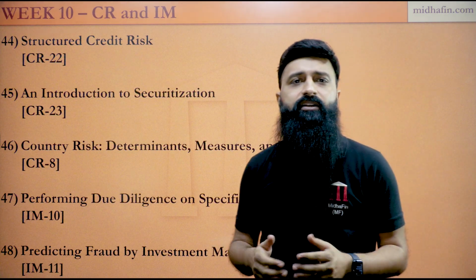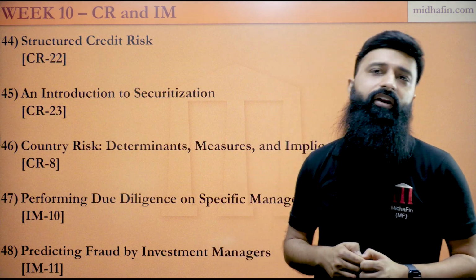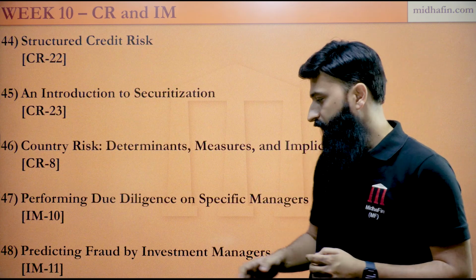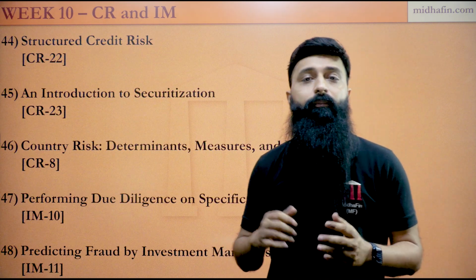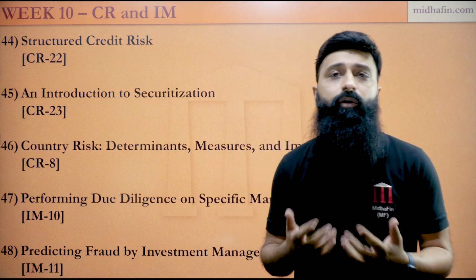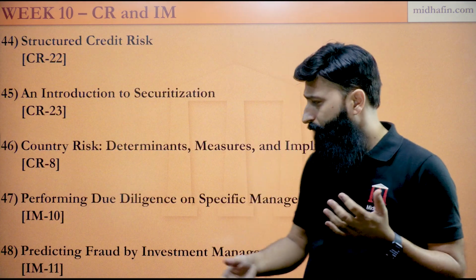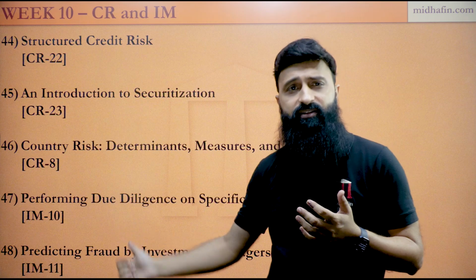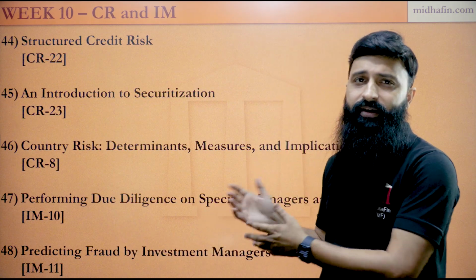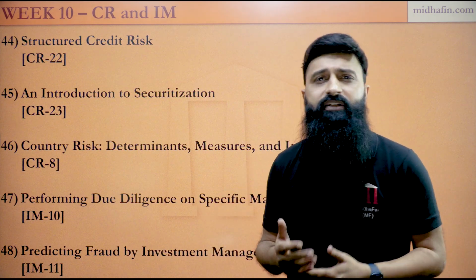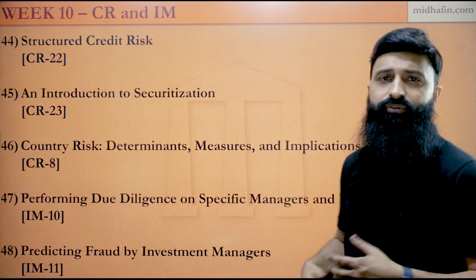So it discusses the use and efficacy of information disclosures in predicting fraud, barriers and cost of implementing fraud protection methods. And it will complement this due diligence part which you studied in the previous chapter by focusing on the identification and prevention of fraud.